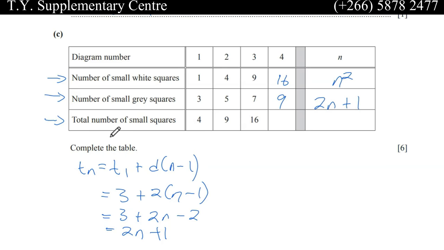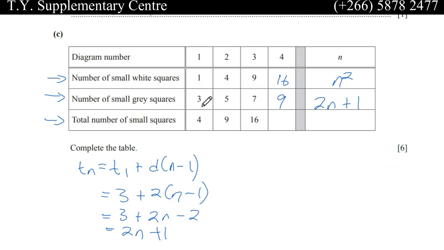Alright, so for the total number of small squares, remember the total number of small squares is the small white squares added to the number of small gray squares in each of these diagrams. So what we can do here, to get this 4 in diagram 1, which is the total number of small squares in diagram 1, we have one white square and 3 gray squares.